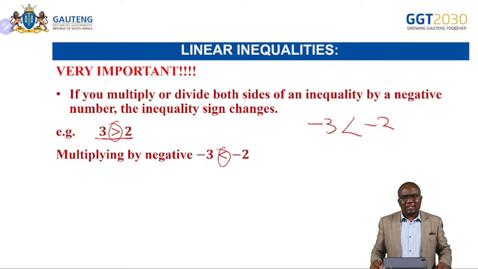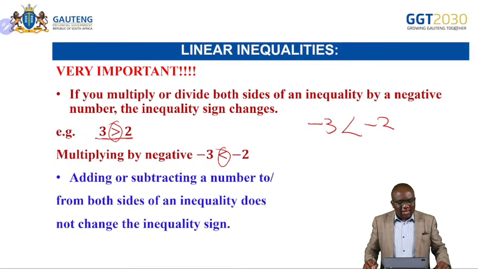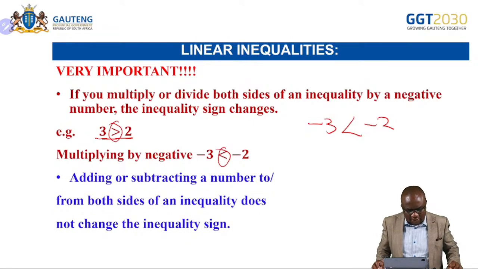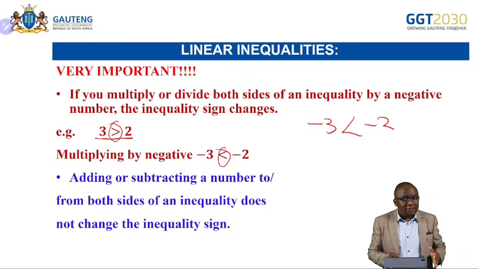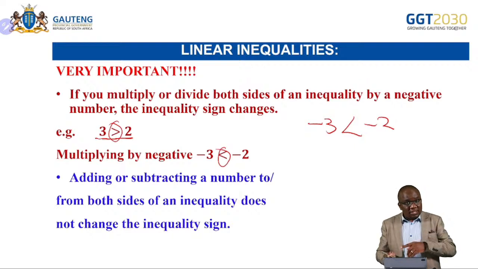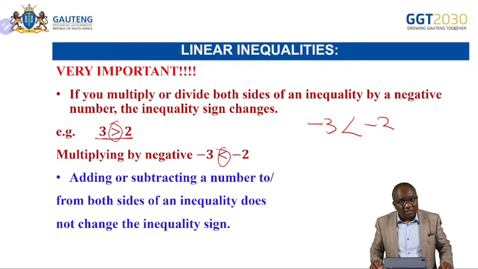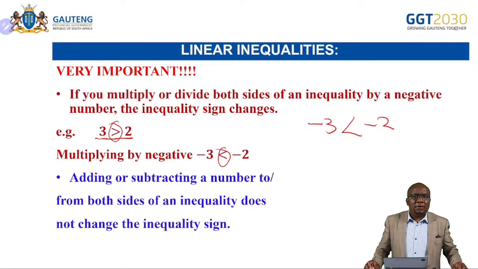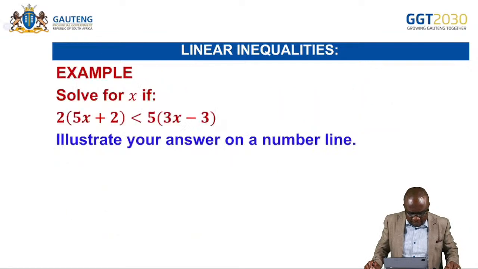Please don't forget that. Adding or subtracting a number to or from both sides of an inequality does not change the inequality sign. Now, I'm talking about multiplication and division here, not adding and subtracting or transposing. If you are transposing, the inequality sign does not change. Are we together? Right. I hope you understand.